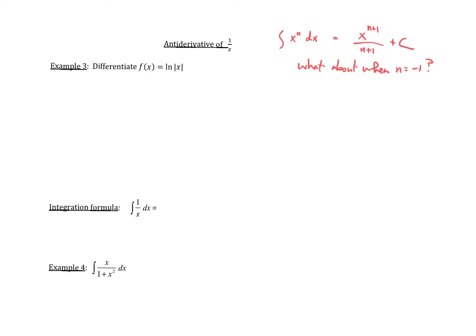Okay, so what we want to do is we're going to do this a little bit differently than you might expect. What we're going to do is we are going to use a derivative to show that something is an antiderivative. So let me explain what I mean.